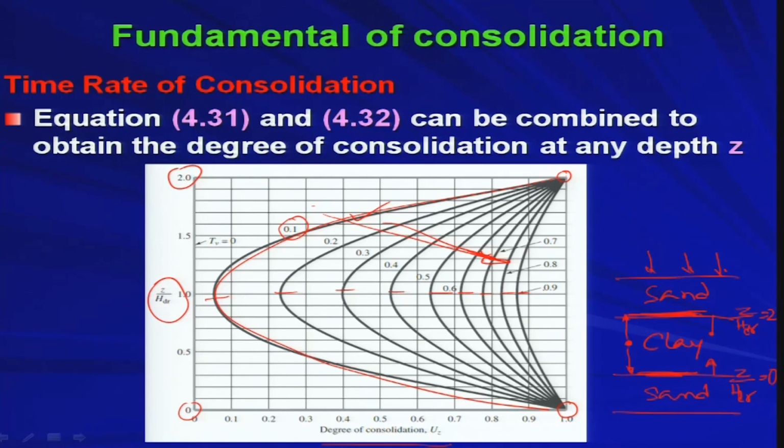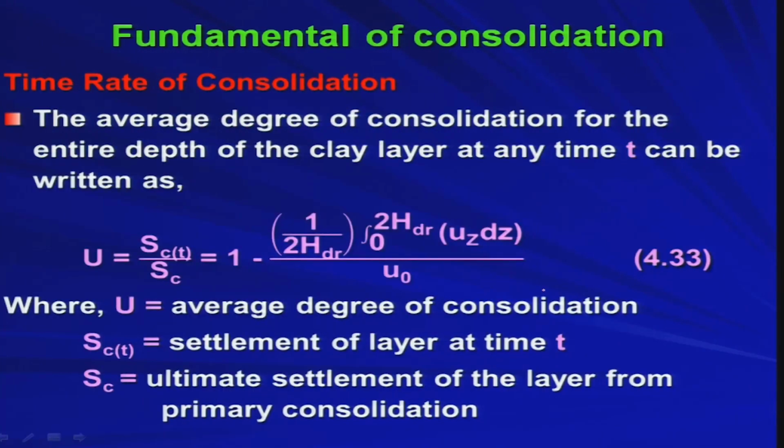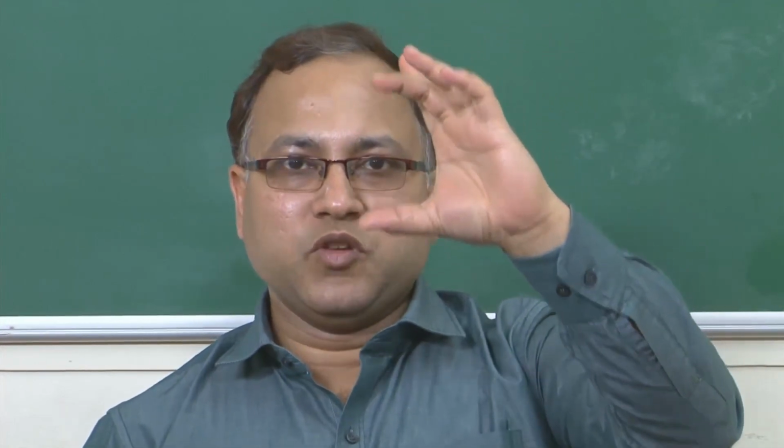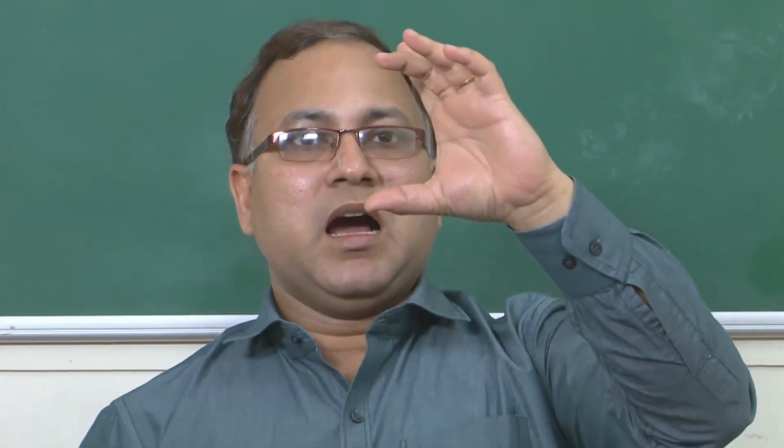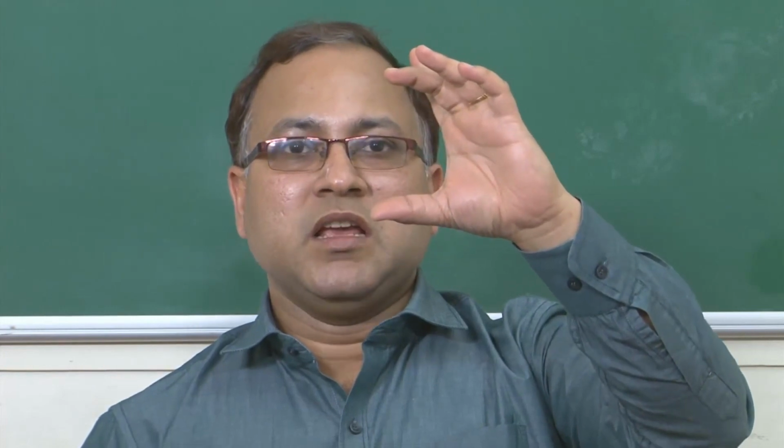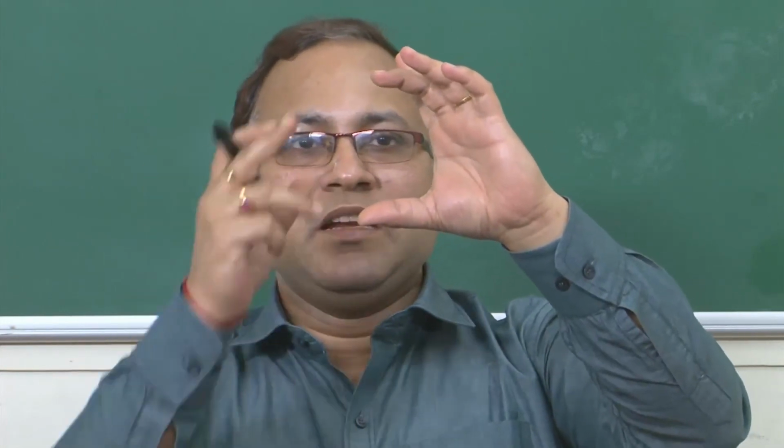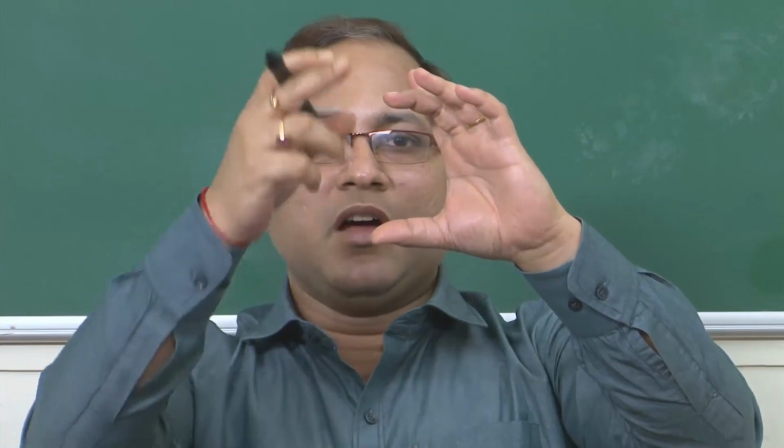In that way, your degree of consolidation will be varying, as well as your excess pore water pressure. Now, you have seen that degree of consolidation is varying with depth, so it is not a constant for the whole deposit. If I consider this is my saturated clay deposit, I cannot say that at a particular time my degree of consolidation is constant for the whole deposit.